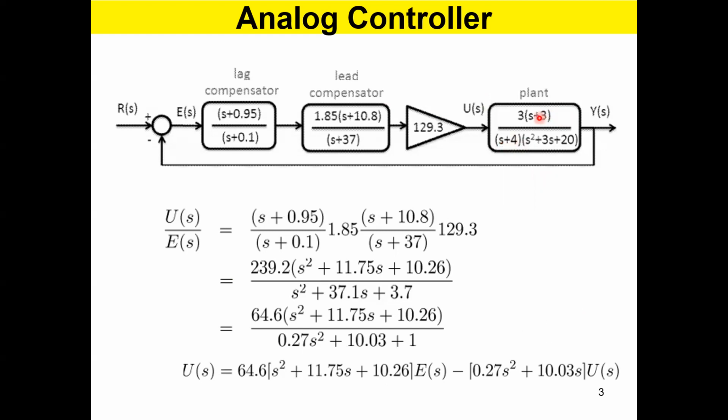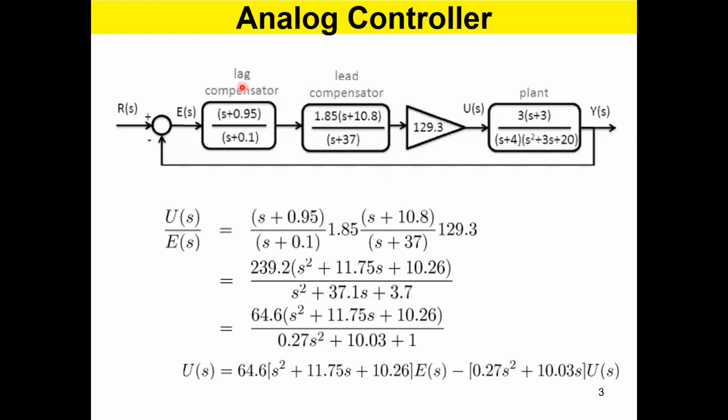We wanted to design the plant for a certain specification, right? So we put this gain to increase the bandwidth. Remember all these things? And we designed this lead compensator to increase the phase margin to about 45 degrees. And then we want to improve the steady state error.